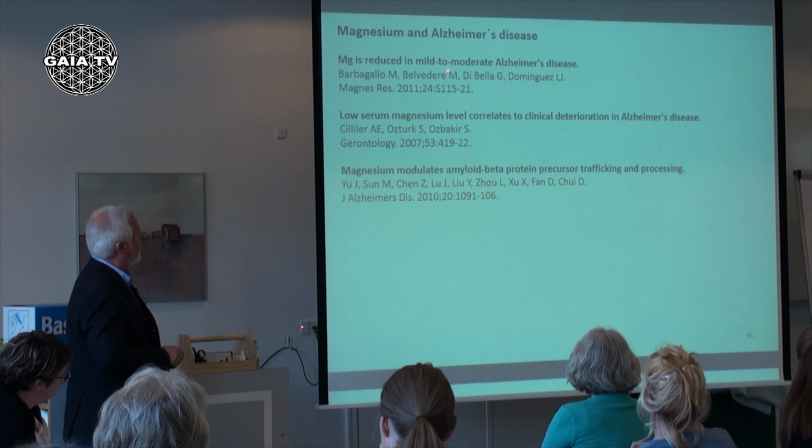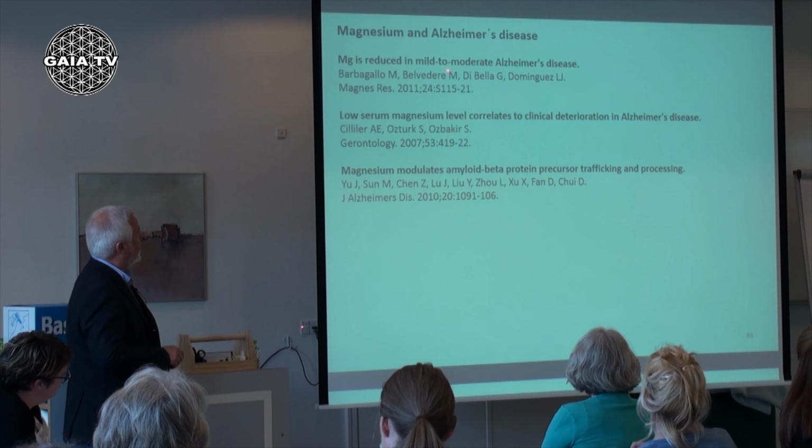Magnesium concentration is reduced in mild to moderate Alzheimer's disease. Low serum magnesium levels correlate to clinical deterioration of Alzheimer's, and it is now known that magnesium modulates the amyloid beta protein trafficking and processing. So magnesium status seems to be really important.